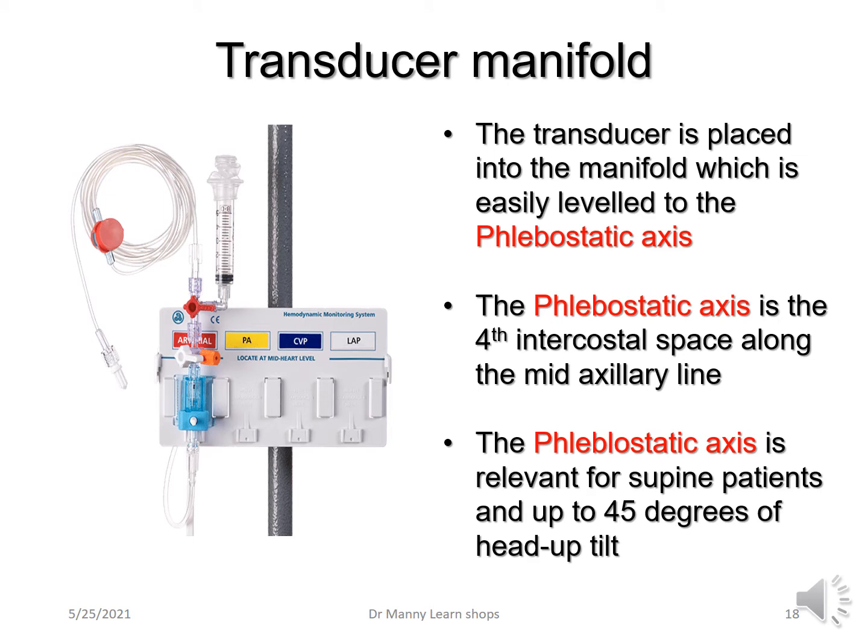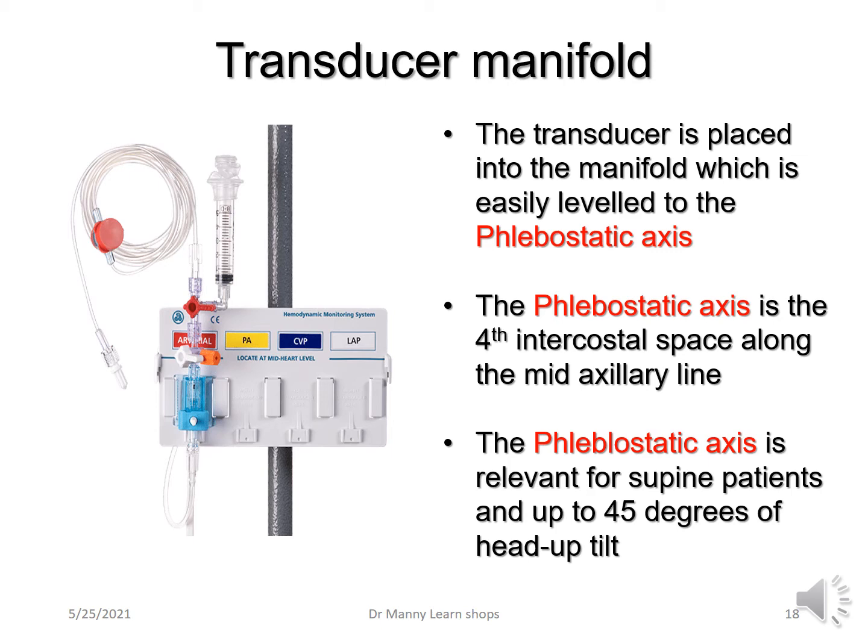Then you've got the transducer manifold. The transducer manifold basically holds the transducer. So the transducer is placed into the manifold, which is easily leveled by you to the phlebostatic axis. The phlebostatic axis is essentially the fourth intercostal space along the mid-axillary line.